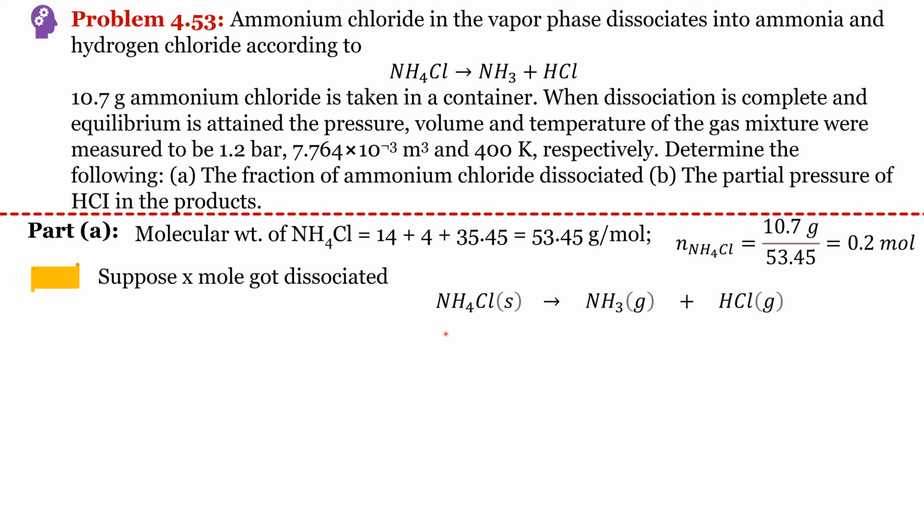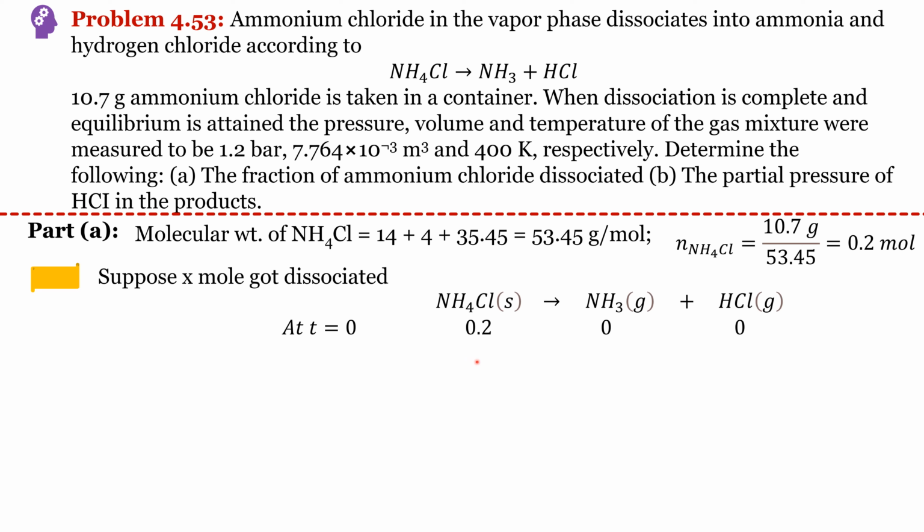So write the balanced chemical reaction. Here the state of NH4Cl is solid and it is converting into gas, that is NH3 gas and HCl gas. First write the moles at time t equal to 0.